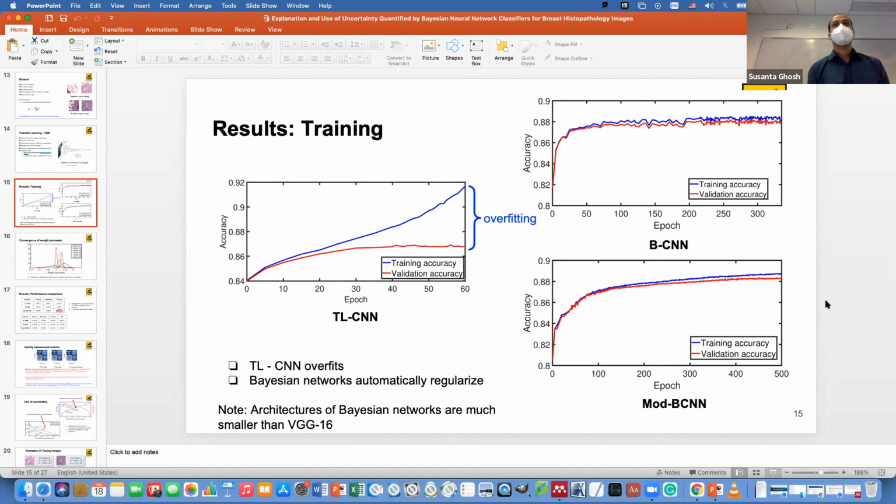So is there some way that you can say you can do the same thing with the CNN, but you have to regularize in a certain way that you can do with the Bayesian network? Of course, regularization helps, right? And it is a sure proven technique. There are several techniques people use.